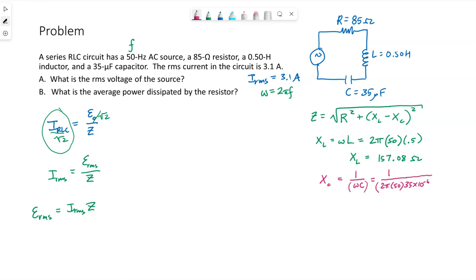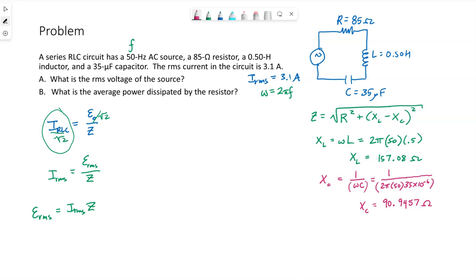So just make sure you have parentheses around that whole denominator. 2 pi f times 35. Okay, I'm getting 90.9457 ohms.